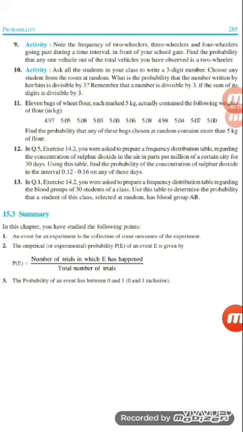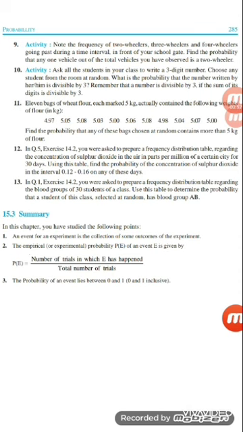11 bags of wheat flour, each marked 5 kg, actually contain the following weights of flour in kg. The weights are 4.97, 5.05, 5.08, 5.03, 5.00, 5.06, 5.08, 4.98, 5.04, 5.07, 5.00.